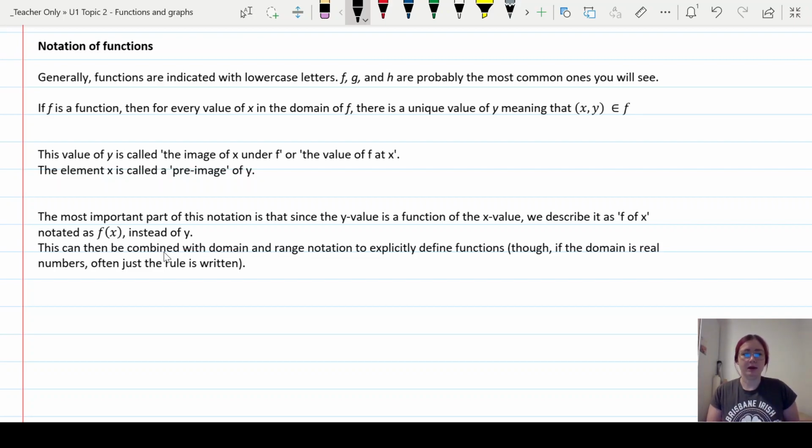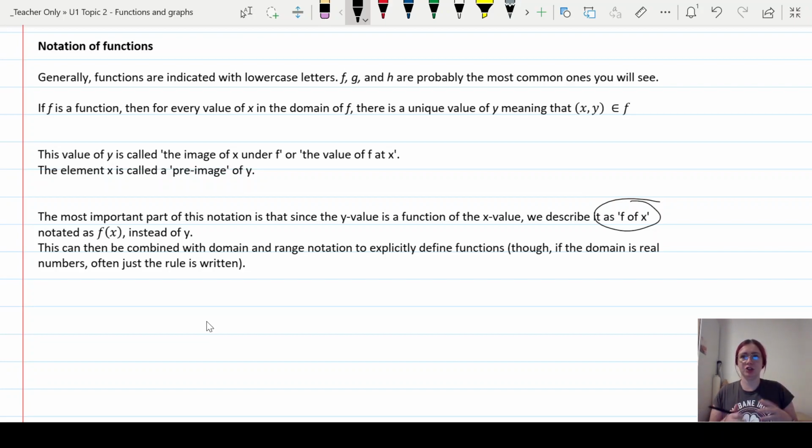The important part is, because that y value is a function of the x value, we describe it as f of x. And we notate it like this, with f and then the brackets x instead of y. We would combine this with our domain and range notation so that we can really explicitly define a function.